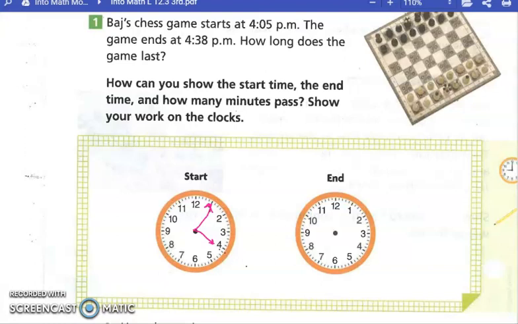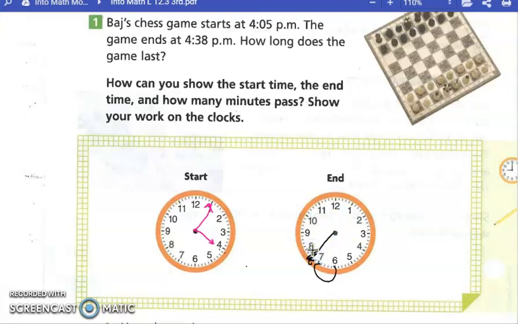So how many more minutes do we need to count after the 6? 8 more minutes. So from 6 to 7 is 5 minutes, right? And then 6, 7, 8. So our minute hand should come down to 3 marks after the 7.